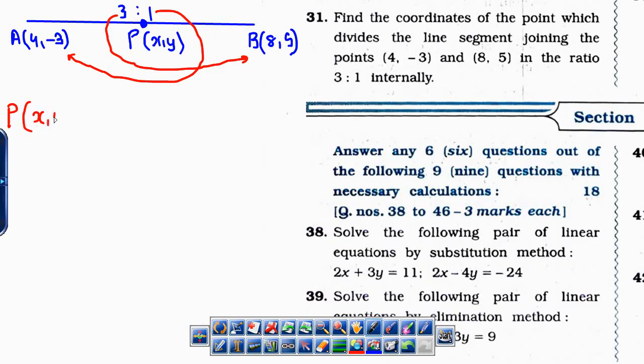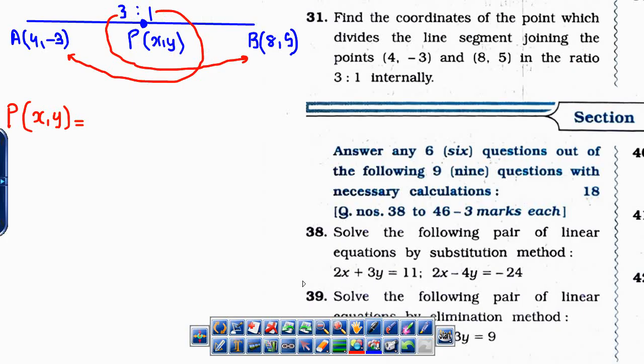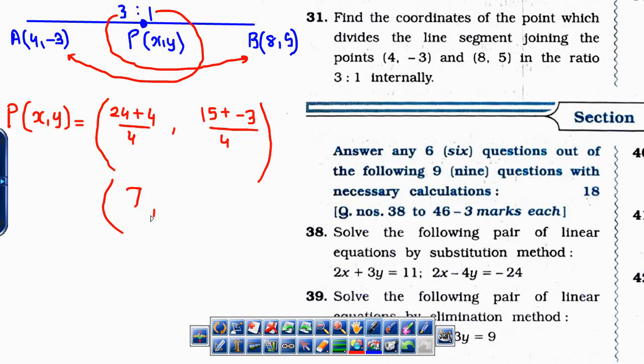So dividing point P x y is equal to 3 into 8, 24 plus 1 into 4 upon 3 plus 1, 3 into 5 plus 1 into minus 3 upon 3 plus 1. 24 plus 4, 28, divide by 4, 7. 15 minus 3, 12 by 4, 3.